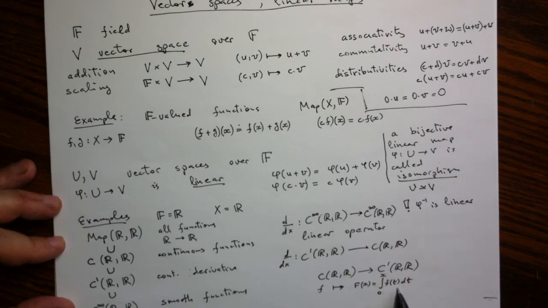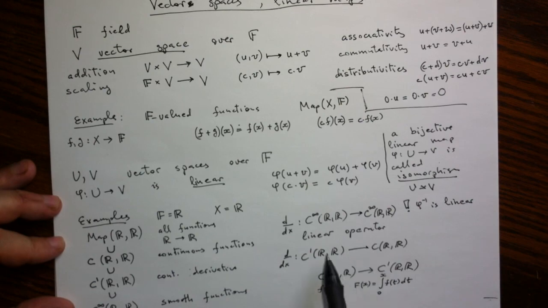A continuous function can be integrated. This Riemann integral is well defined, and moreover this integral is a differentiable function, and moreover its derivative is the original function f. So that's the fundamental theorem of calculus. So we do have a well-defined map from continuous functions to functions with continuous first derivative.